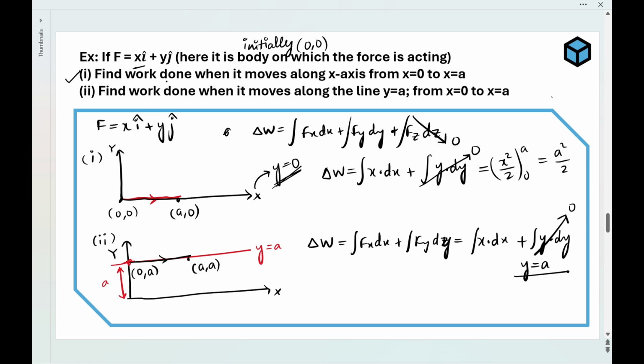In this particular trajectory, in this particular line, y is constant. y has a finite non-zero value, but since the value is not changing, we can directly write dy equal to 0. Since it is the integral of y dy and dy is 0, this whole part is 0. And again it's the same, x square by 2 from 0 to a, it would be a square by 2. I hope you understand.